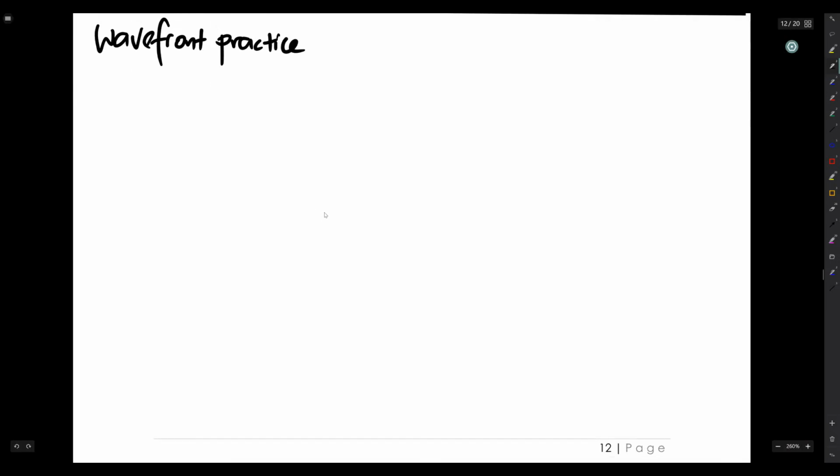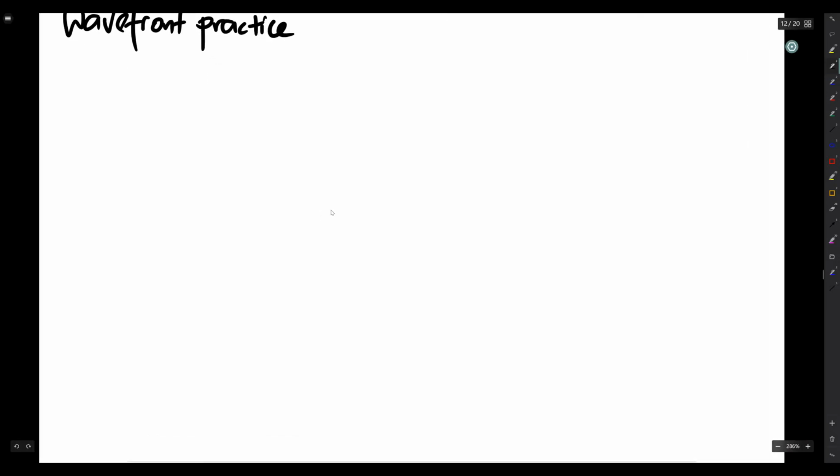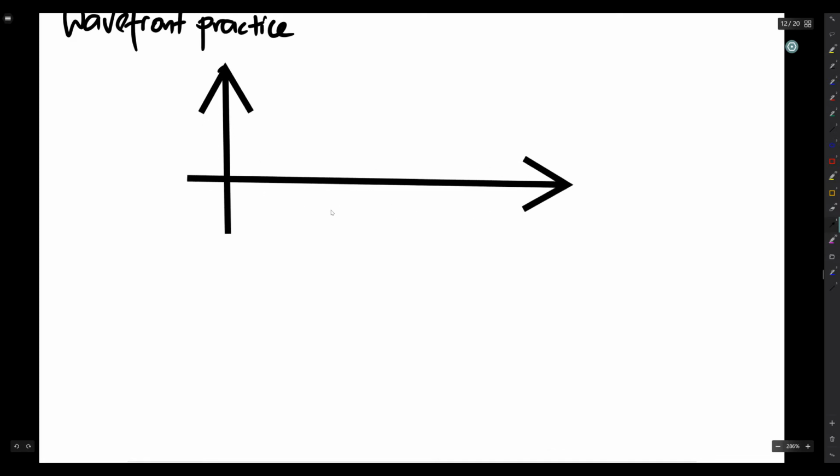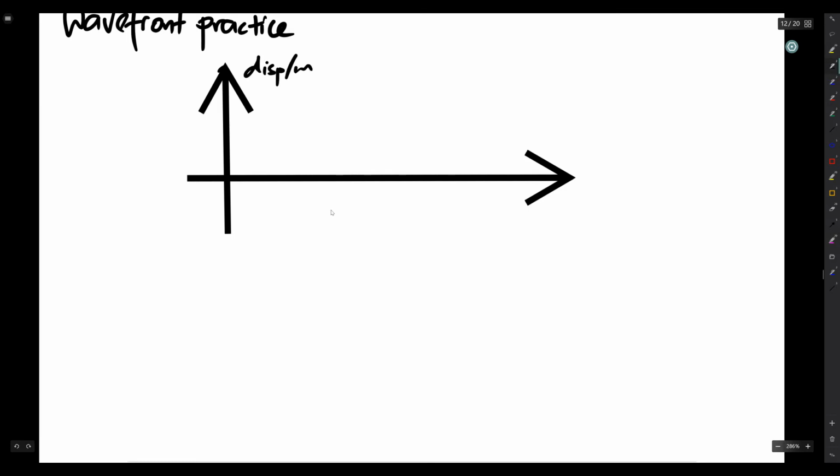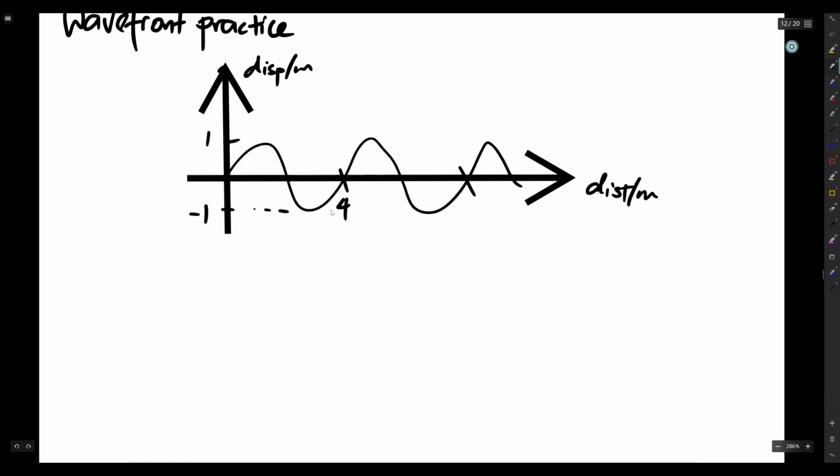Let's say I have a graph, so let me draw out a displacement-distance graph. Let's say I have a graph like this, with displacement and distance, and what we have here is just a very nice waveform. If the amplitude is 1, and what we have here is 4, 8.